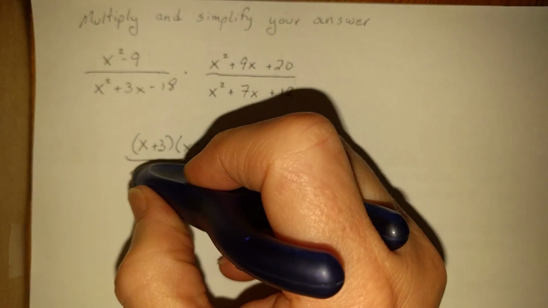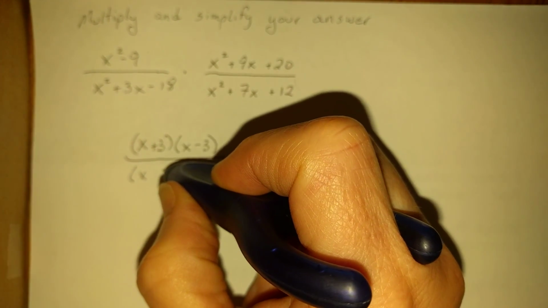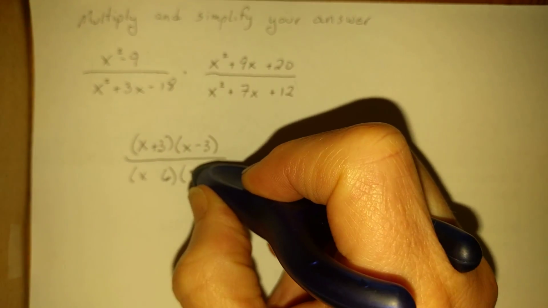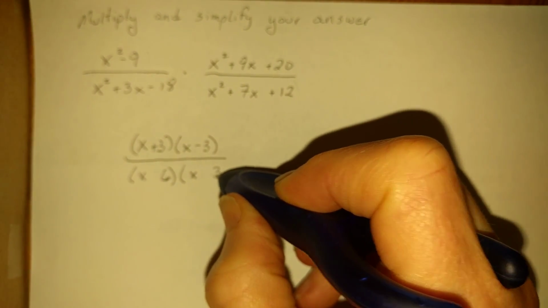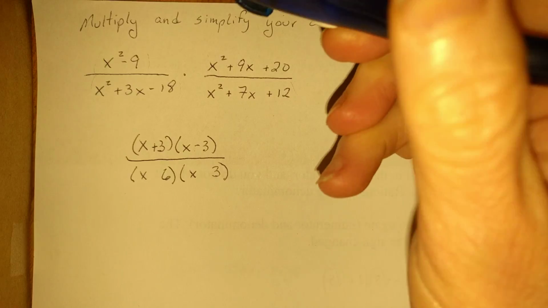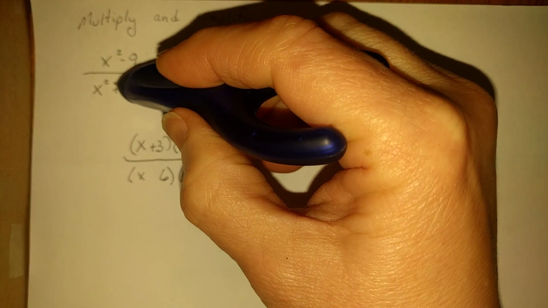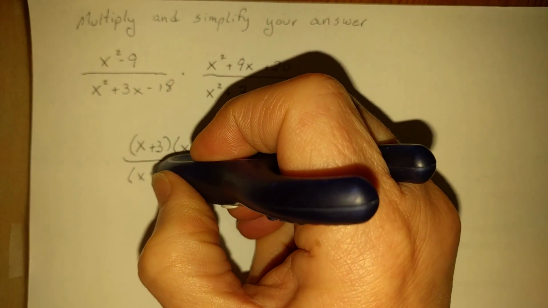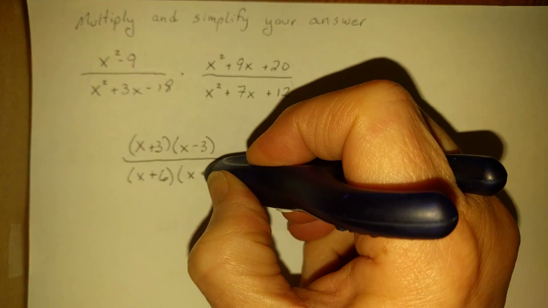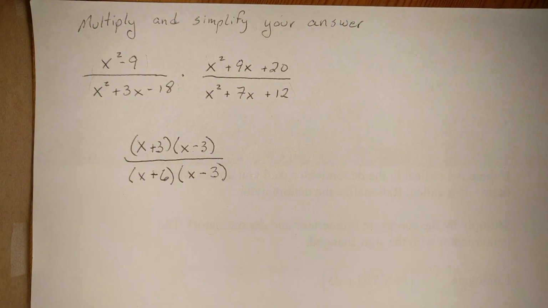That's 6 and 3. So that's x and 6 and x and 3. Difference, because this is negative. 6 is going to be my larger factor, so that's going to be plus 6 minus 3.